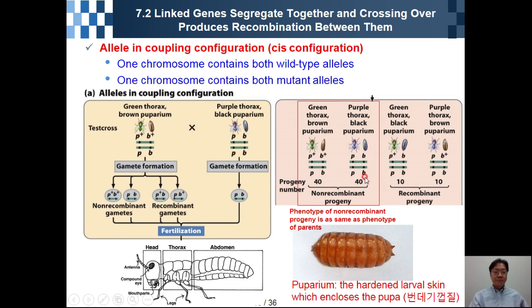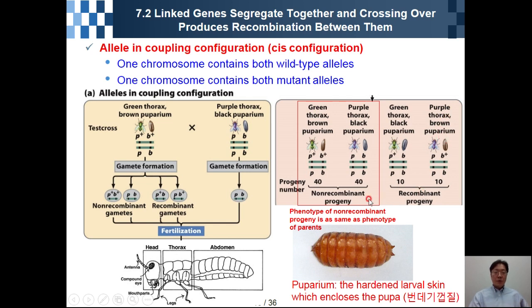Okay. So green thorax and brown puparium, and also another one has the purple thorax and black puparium. So they are non-recombinant progeny. They will also have recombinant progeny with the green thorax but with the black puparium, and another one with the purple thorax but with a brown puparium.